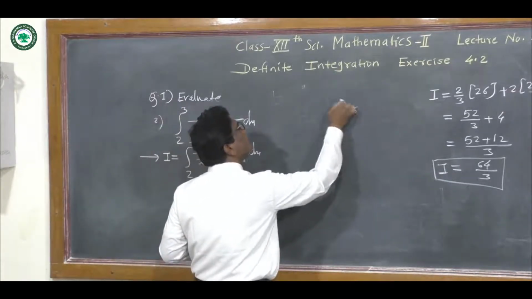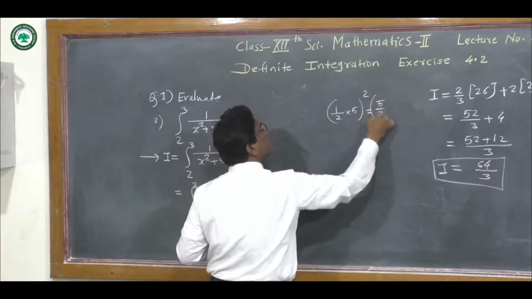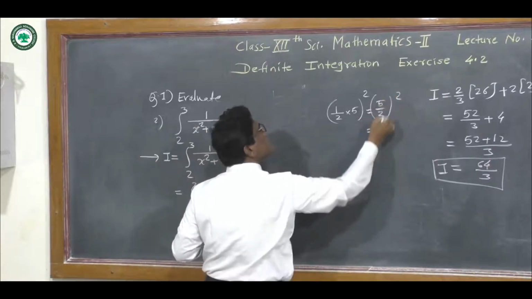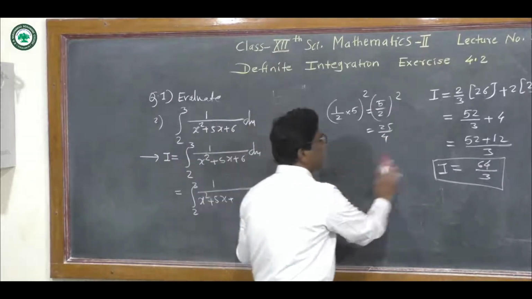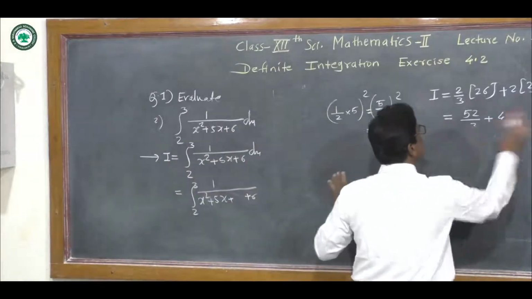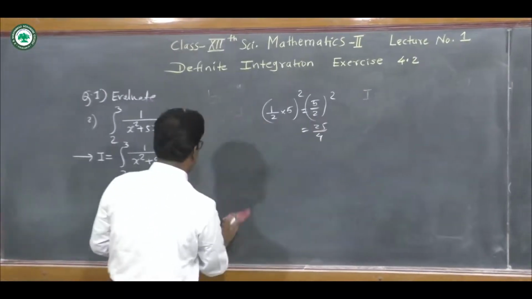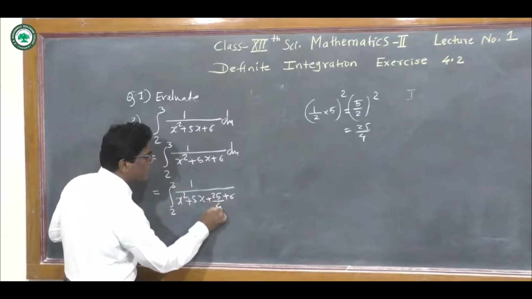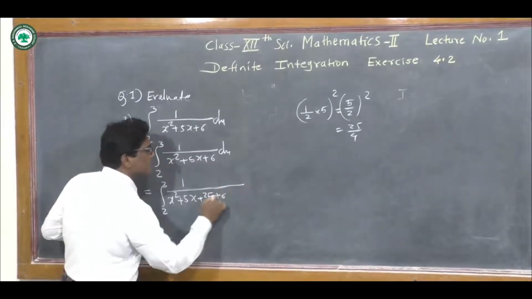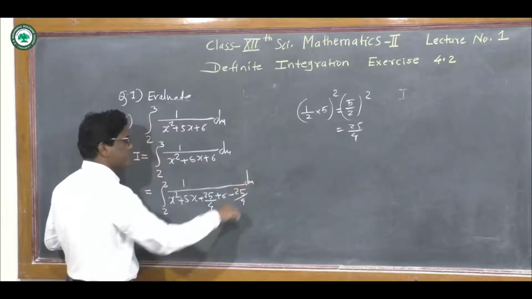So 1 half into 5 and bracket square. So 5 upon 2 bracket square. So 5 square, that is 25 upon 4. So we have to add here 25 by 4, and we have to cancel this. So minus 25 by 4 and dx.